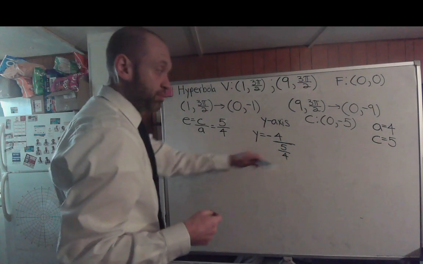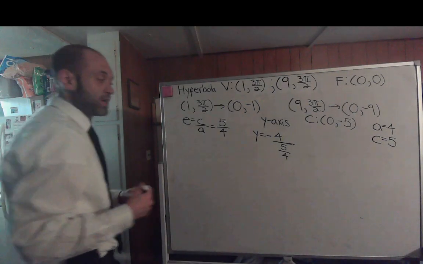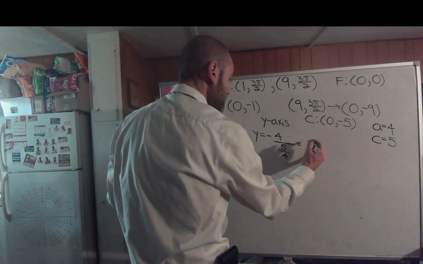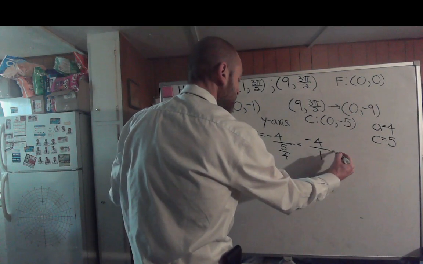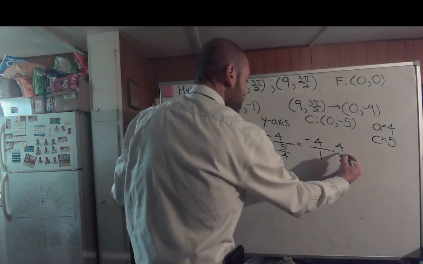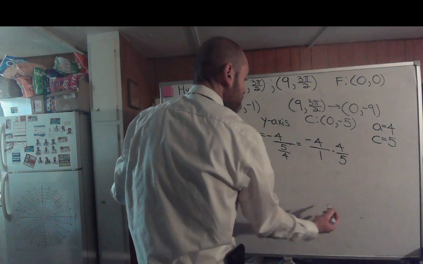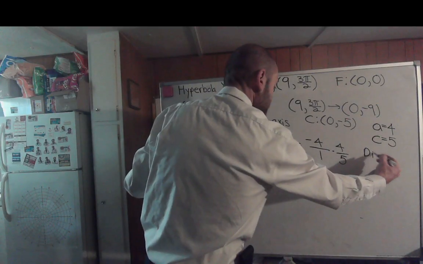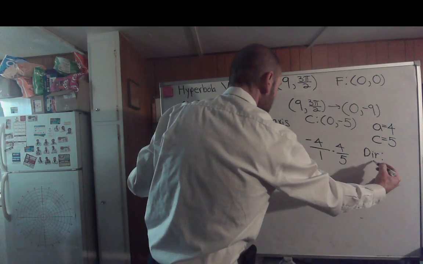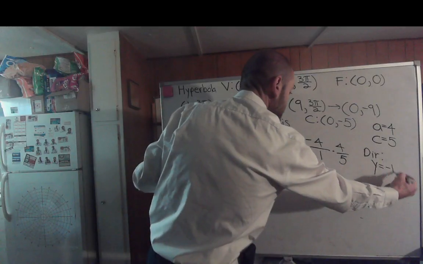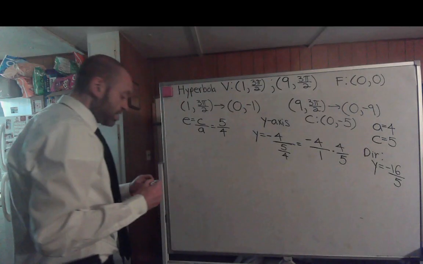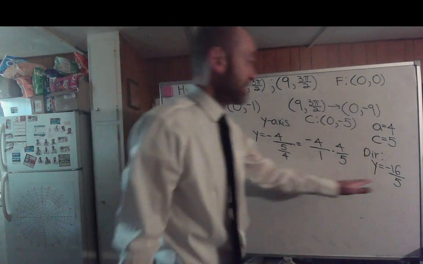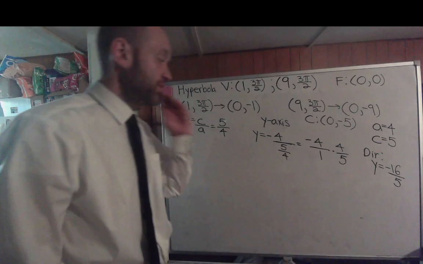We get a complex fraction of -4 over 5/4. Let's invert and multiply. So you'll have -4 over 1 times 4 over 5, which makes your directrix y equals -16/5. So your directrix in this case is y equals -16/5.